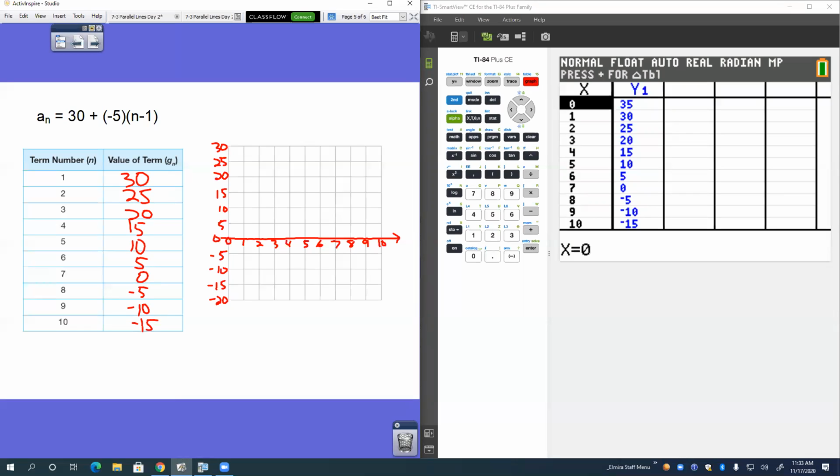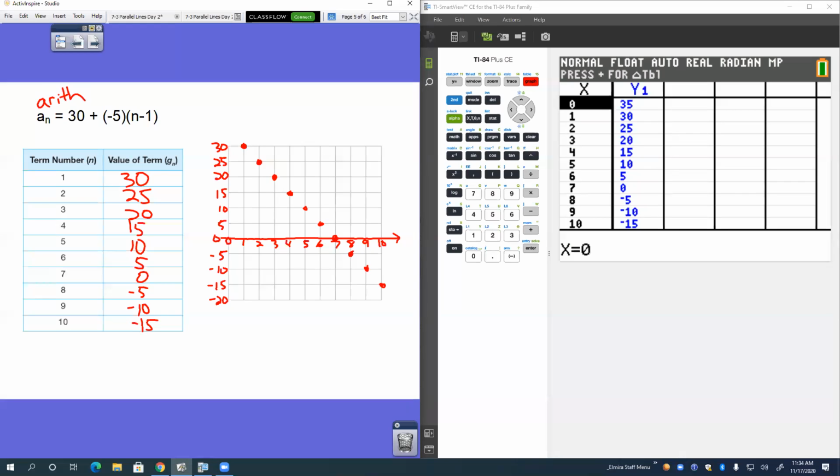So when we go to graph it, we just leave the 0 column blank. 1 is 30, 2 is 25, 3 is 20, 4 is 15, 5 is 10, 6 is 5, 7 is 0, 8 is -5, 9 is -10, 10 is -15. So again, this was an arithmetic sequence.